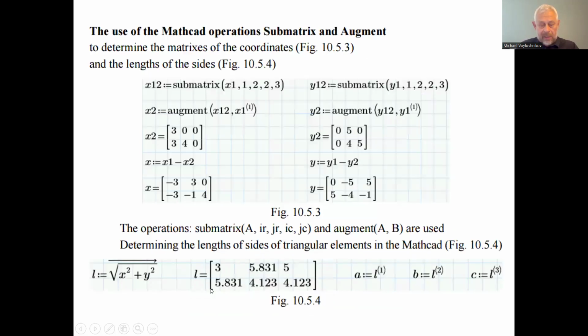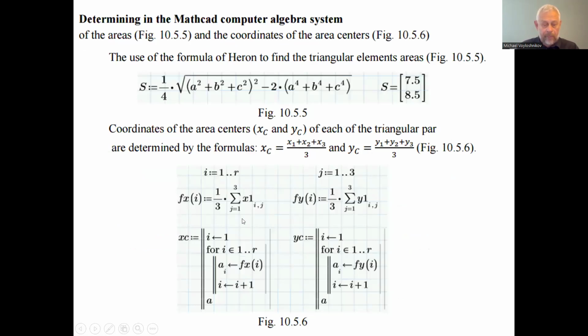So repeatedly, this is a formula for each, corresponding to the definition of the location of the center of the area. And how to do that? Because we have to repeatedly do that twice.